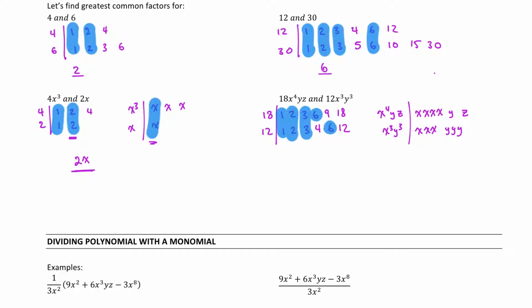I actually have 6 here. And for my variables, I have 1x, 2x, 3x's, and I have 1y, which is shared between the two terms. So the greatest common factor within my constants is just 6, and for my variables, it is x times x times x, which is x cubed, and y.